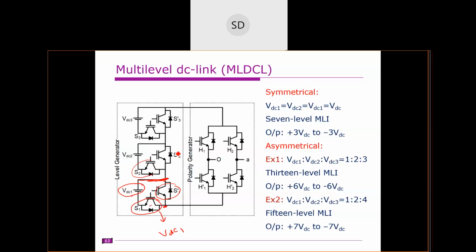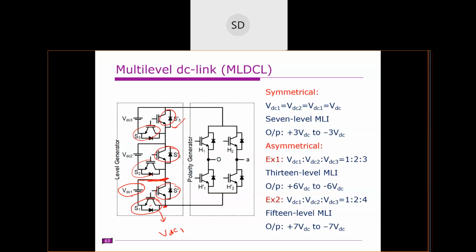Similarly, these switches must be rated for VDC2, right? And these switches must be rated for VDC3. Clear? So in other words, for each cell, whatever the voltage connected, those switches must be rated for that voltage.